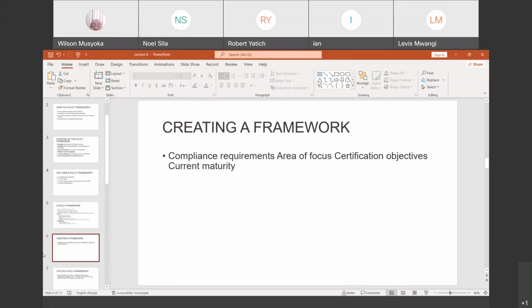If we are talking about the higher education industry, there are also going to be compliance requirements, maybe in terms of checking for plagiarism, ensuring confidentiality if you are talking about exams, and integrity and all of that. So each of the frameworks is going to follow some compliance requirements in a specific area of focus, and the certification objectives are going to follow those requirements.